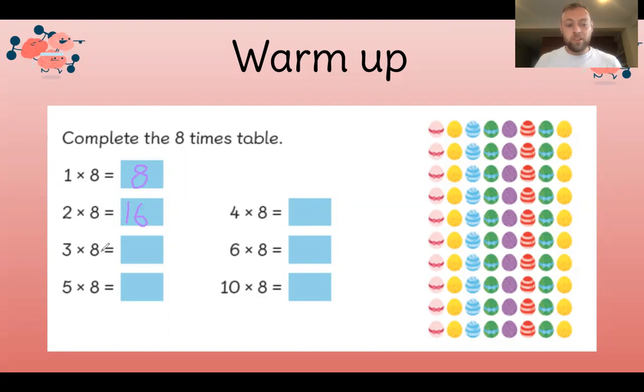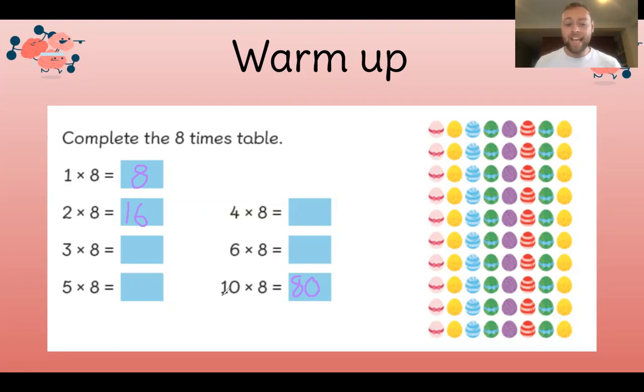Now, I'm a bit stuck on 3 times 8, so I'm going to leave that for the minute. And I know what 10 times 8 is. 10 lots of 8 is 80. Now, I'm going to use this to help me find what 5 times 8 is.